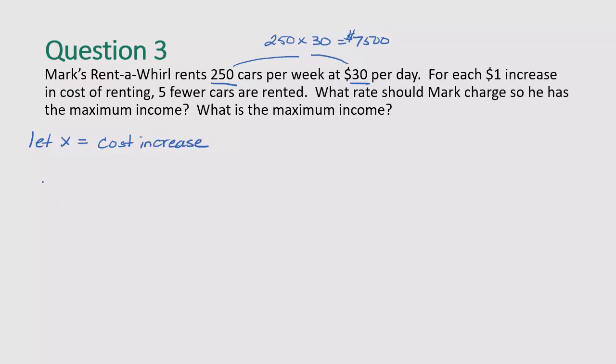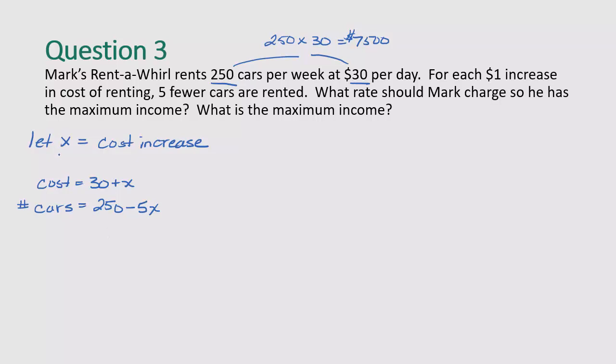That means the cost of the cars for the customer will be $30 plus whatever we're increasing. The number of cars then becomes 250, and remember we lose customers if we raise the price, so 250 minus five cars for every dollar of increase.